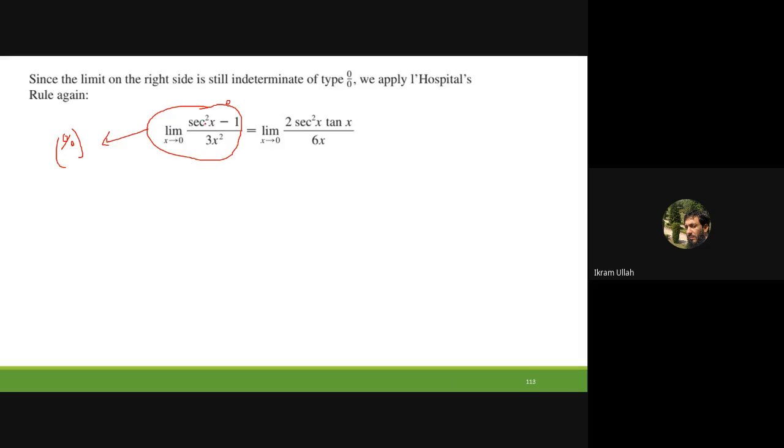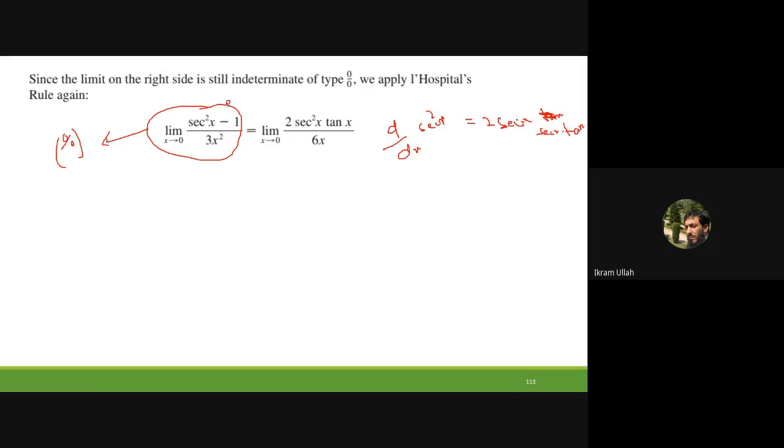The derivative of secant squared x is 2 secant x times the derivative of secant, using the power rule, which is secant x tangent x.